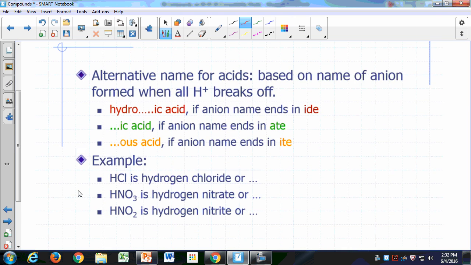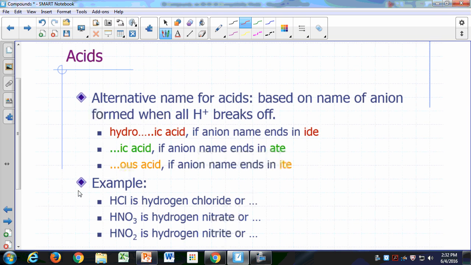Now, acids have alternative names also that are based on the name of the anion that is formed when all the H plus have broken off from the molecule. So for example, HCl right here, this is hydrogen chloride.